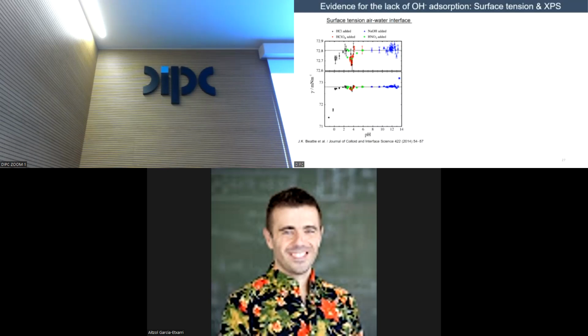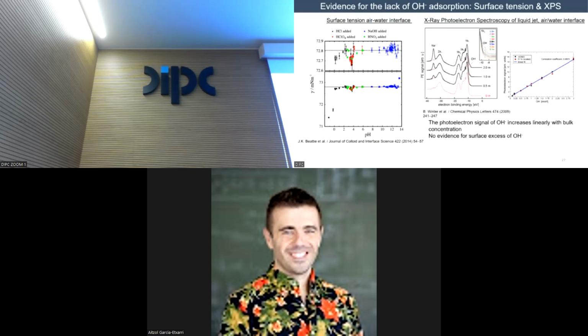But if you go to really acidic pH, the surface tension goes down. So that could mean you have protons going to the surface. It's still heavily debated, but look at the hydroxide data. Only at very high pH do you have an increase in surface tension, which could potentially mean that it's being excluded from the surface.